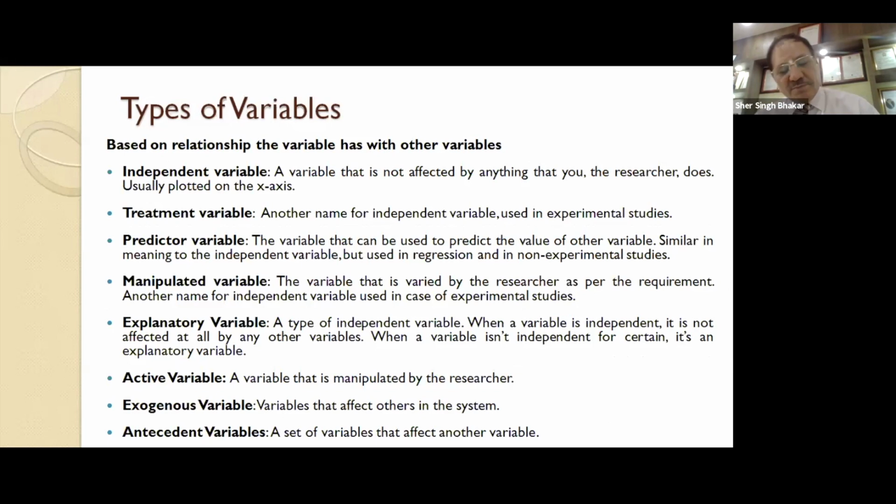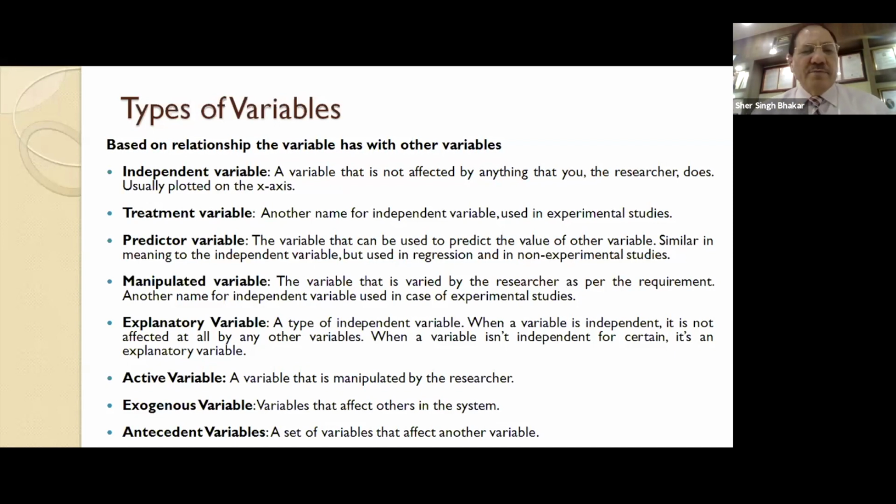Based on relationship. Till now we were looking at whether the variable is continuous or category. Now we are looking at whether there are variables that indicate a relationship or affect the relationship. Let us see independent variable in a model.